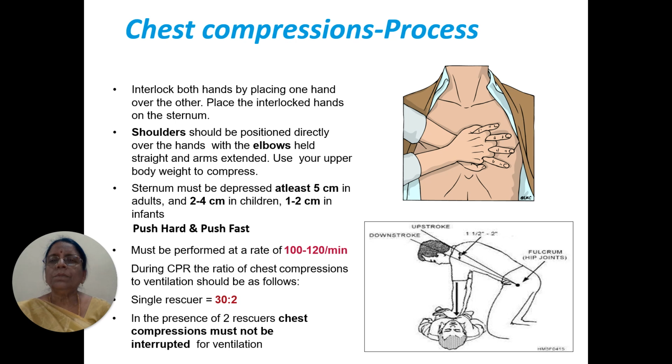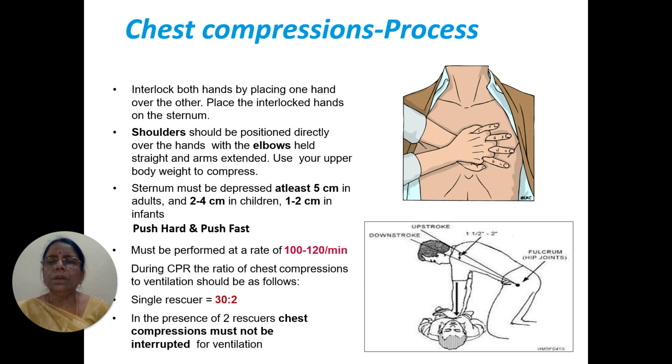The sternum must be depressed at least 5 centimeters in adults, 2 to 4 centimeters in children and 1 to 2 centimeters in infants. Push hard and push fast, at a rate of 100 to 120 per minute.